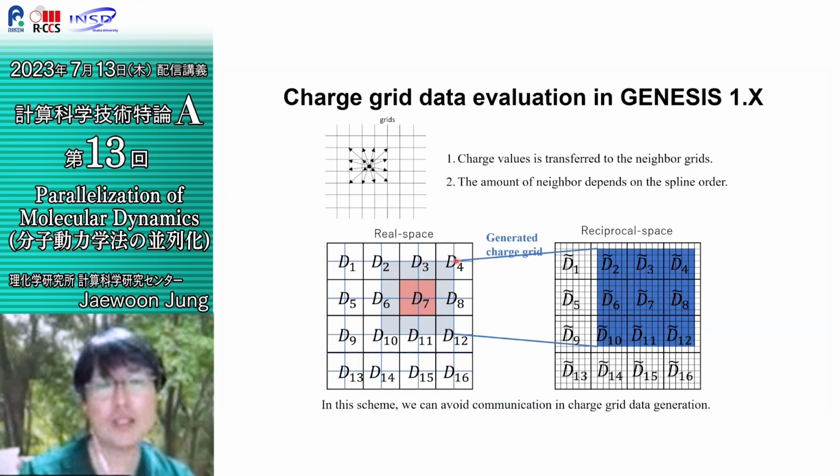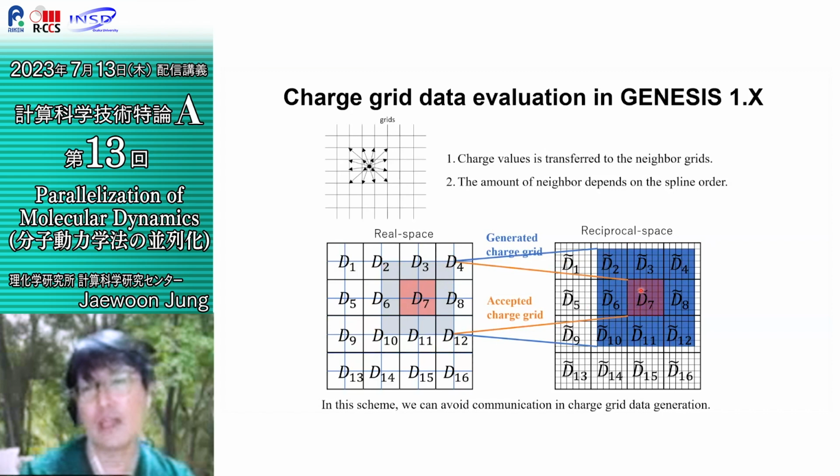To do this originally, each processor has the data of this subdomain and this buffer region. They can generate the charge grid data of this one. And among them, we only pick up the charge grid data of this one, and we calculate it.